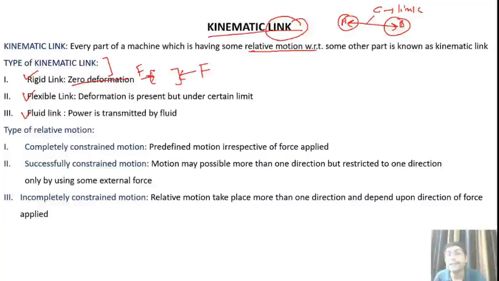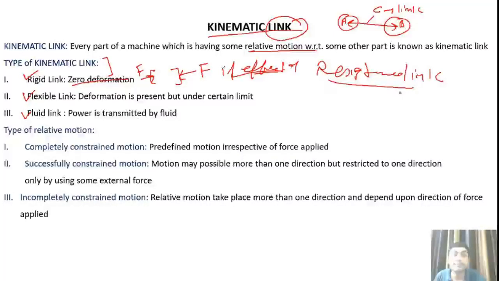Deformation always takes place, though its effect may be negligible or considerable. If deformation is negligible, then it is known as a rigid link. Rigid link means negligible deformation.